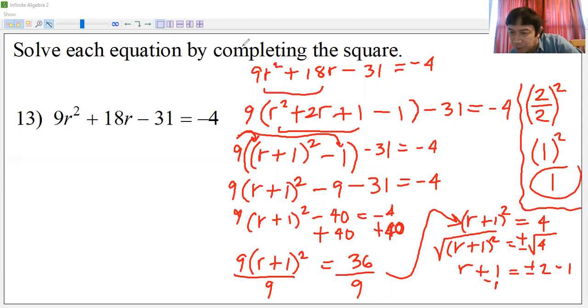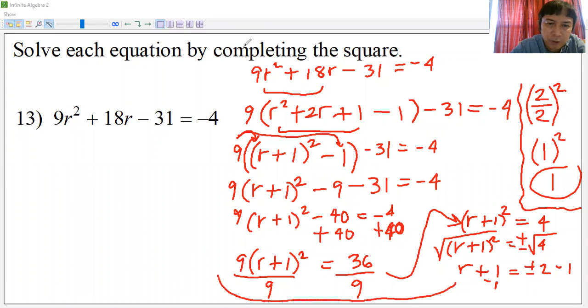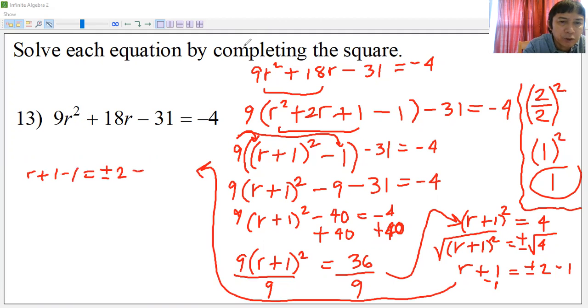From here, after subtracting 1 from both sides, we have r plus 1 and then the plus or minus 2. We subtracted 1 from both sides, minus 1 and minus 1.